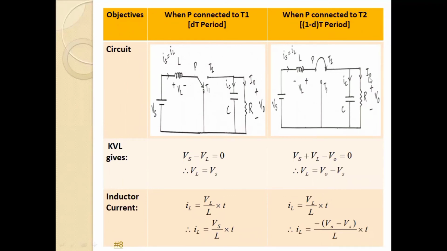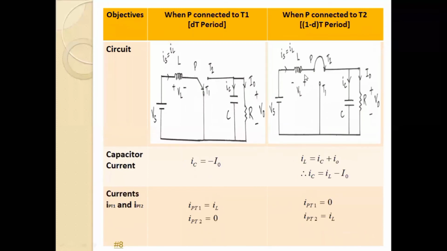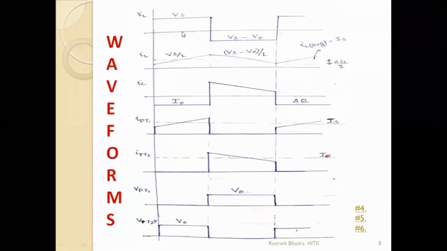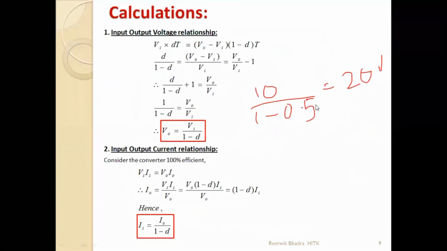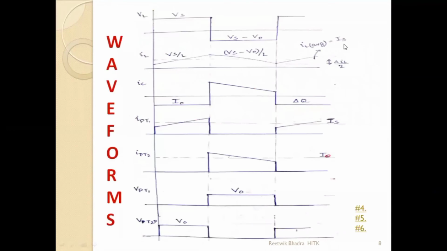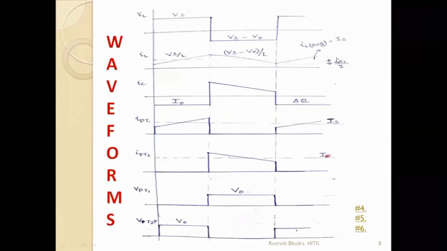We can represent it in terms of I naught also, I'll tell you. But what is constant between the circuits is Is. So the average current through the inductor is Is only. The average current through the inductor which I have drawn over here is Is. This middle line is Is, IL average. Now, I can represent it in terms of I naught also, by this: Is is equal to I naught by 1 minus D. So I could have written this one as I naught into 1 minus D.